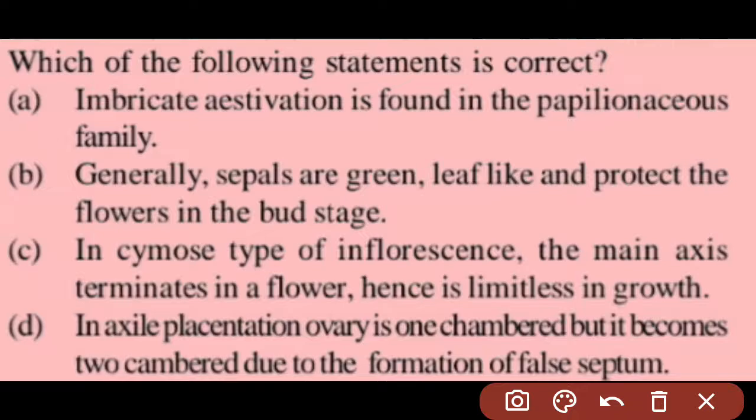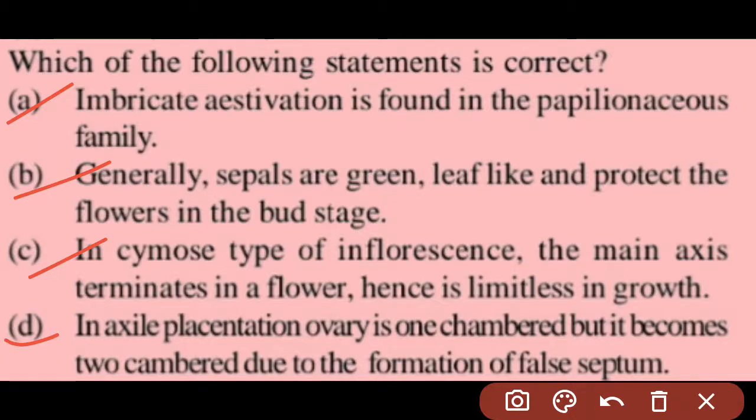Which of the following statements is correct? Here we have to identify the correct statement. As you can see, 4 options are given. First is imbricate aestivation is found in the Papilionaceous family. Second one is generally sepals are green, leaf-like and protect the flowers in the bud stage. Third one is in cymose type of inflorescence, the main axis terminates in a flower, hence is limitless in growth.